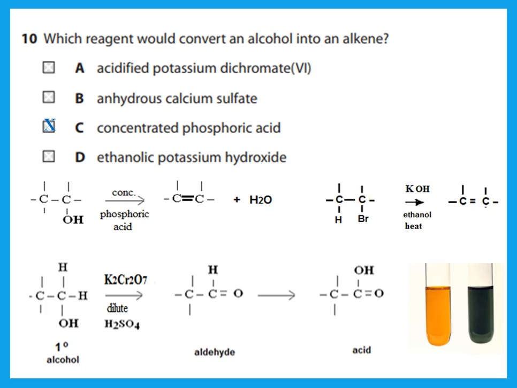The ethanolic potassium hydroxide reacts with the halogenoalkane, not the alcohol. So if I had a halogenoalkane and I wanted to make an alkene from it, then I would use that last choice, ethanolic potassium hydroxide. But here, if we're starting with an alcohol, then it is a concentrated acid.